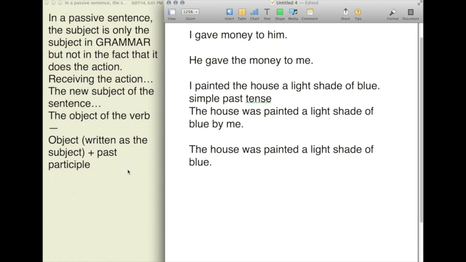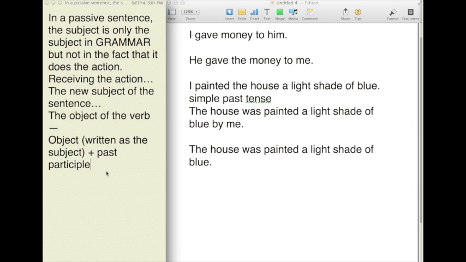Let me give you a few examples of past participle verbs. Arisen, awoken instead of awoke, which would be the simple past. Simple past is awoke. Awoken is the past participle. Been, beaten, begun, bitten. So these are just some examples, okay?